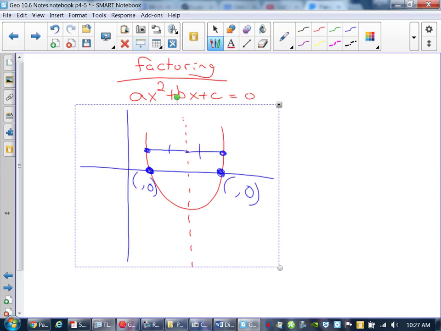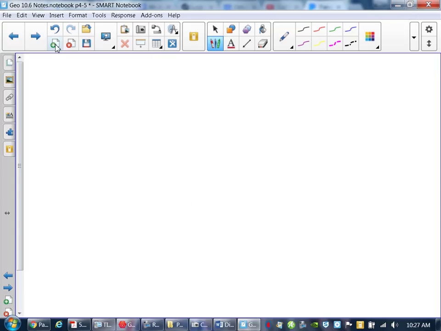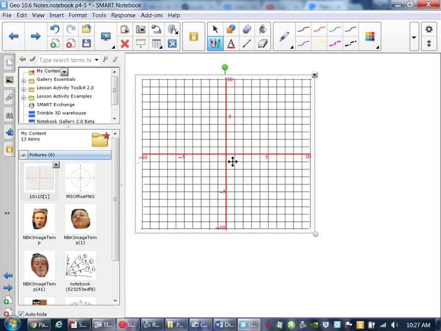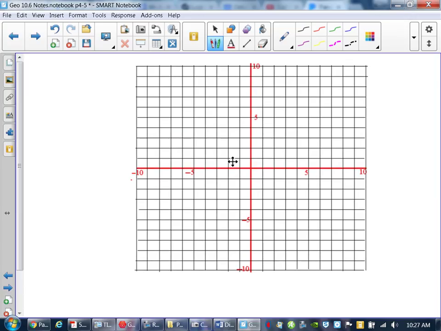So when you first learned how to do this, it was very inefficient. You went through the whole process and you graphed these.